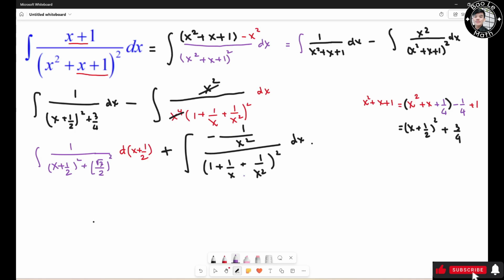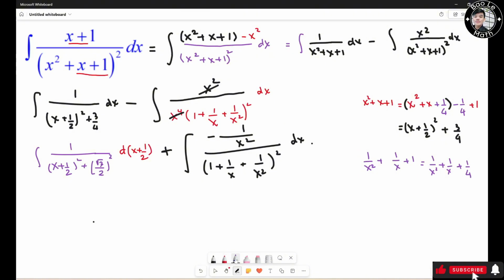Now the bottom, I can turn into a complete square. We have 1/s² + 1/s + 1, which equals 1/s² + 1/s + 1/4, minus 1/4, plus 1.